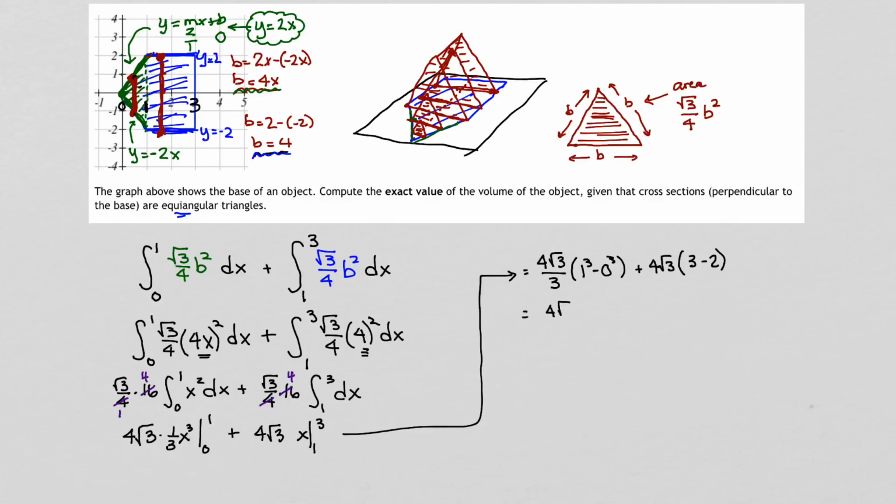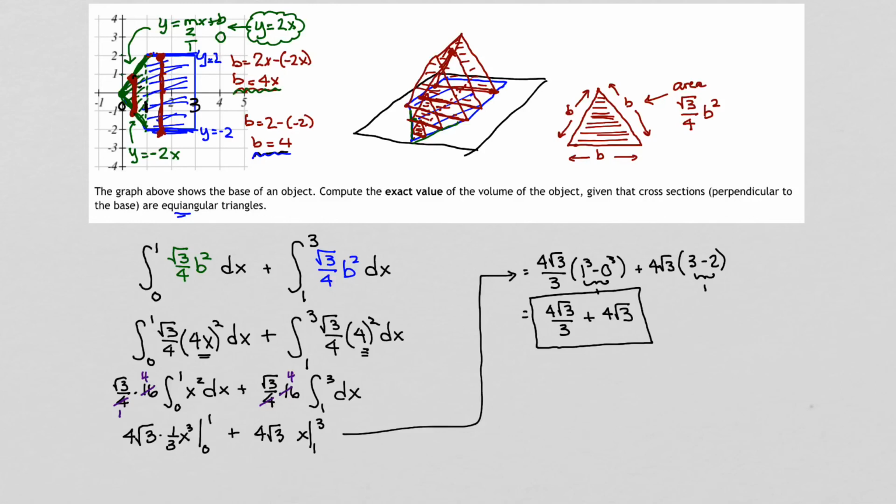And doing the math gives us that the volume for this shape is going to be 4 square root of 3 over 3 plus, this is 1, this was also 1, 4 square root of 3. I could stop there if I want. That's cubic units for the volume.